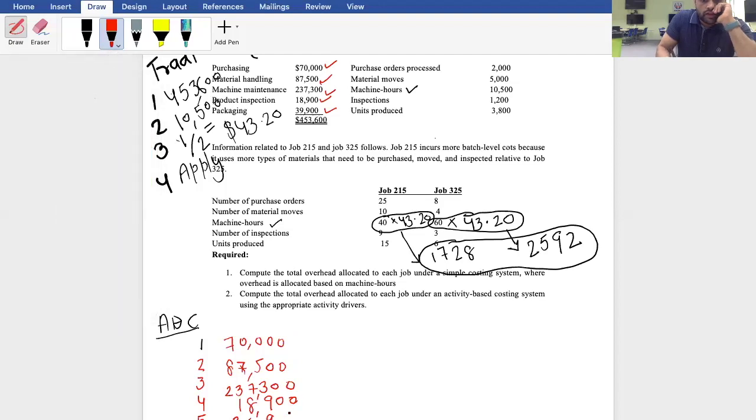So 39,900. Okay, so that was step one. And step two, which is 2,000. Second one is 5,000. Third one is 10,500.